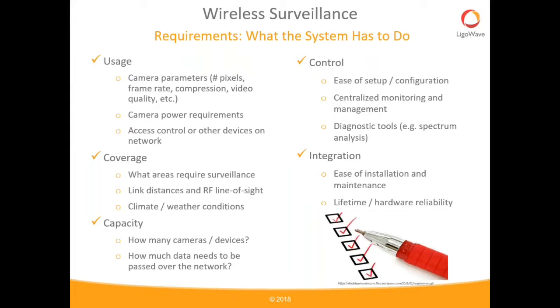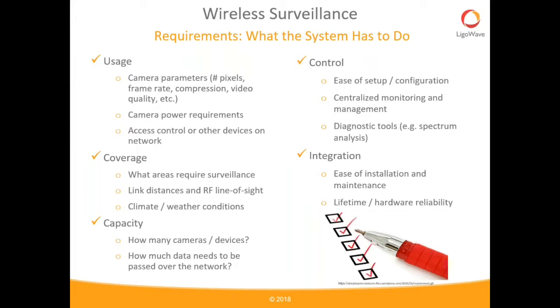You need to look at the camera power requirements. Is it PoE or something else? You also want to look at whether there are other things on your surveillance network besides cameras that you want this wireless network to handle, such as access control devices, gate devices, or any type of Wi-Fi overlay. That also needs to be captured in the usage requirements.